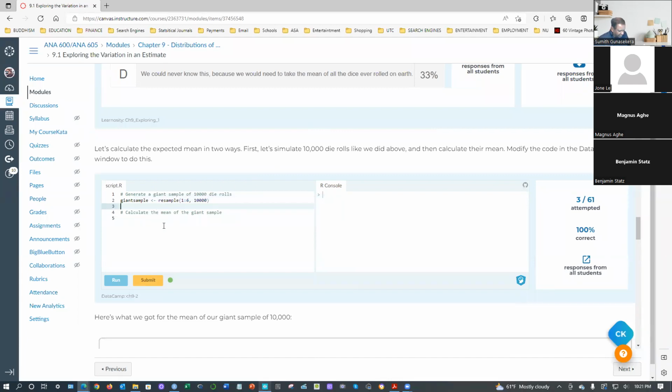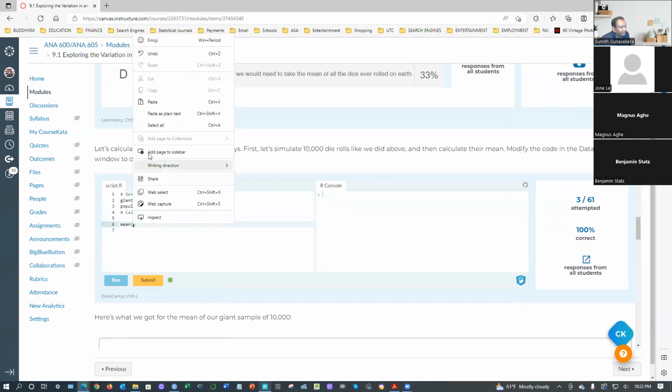I can say population data frame and sample. Calculate the mean. Okay, mean of the sample. You can go straight to that one.